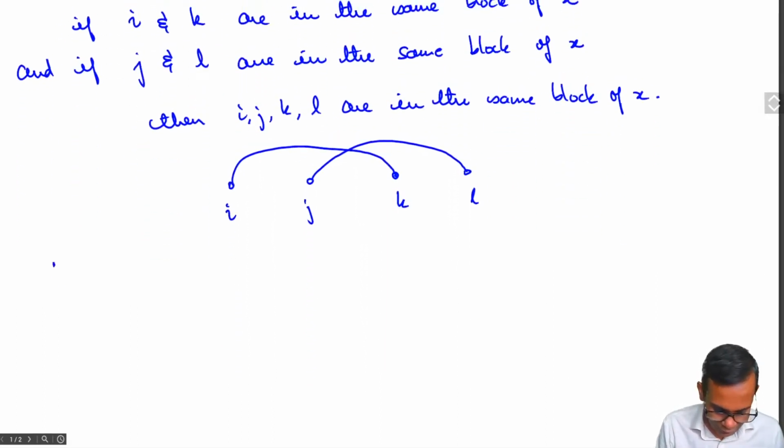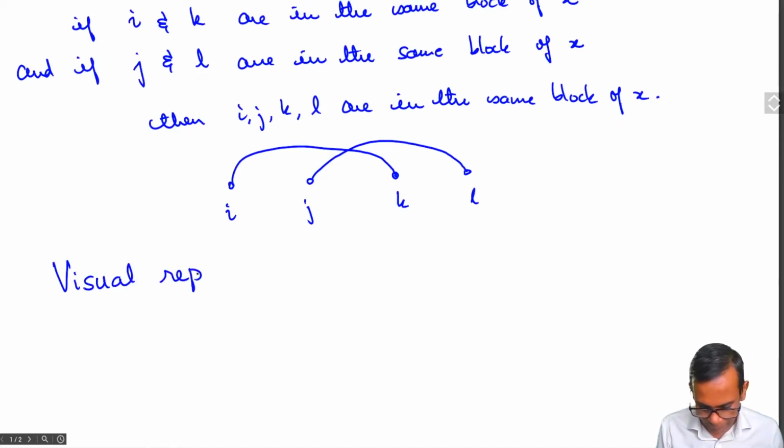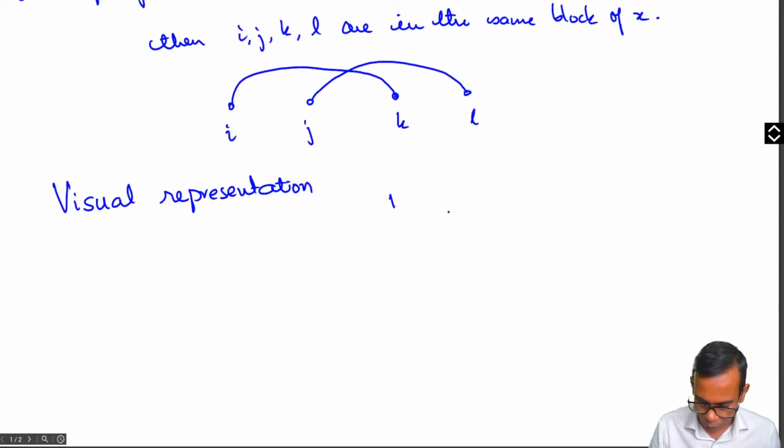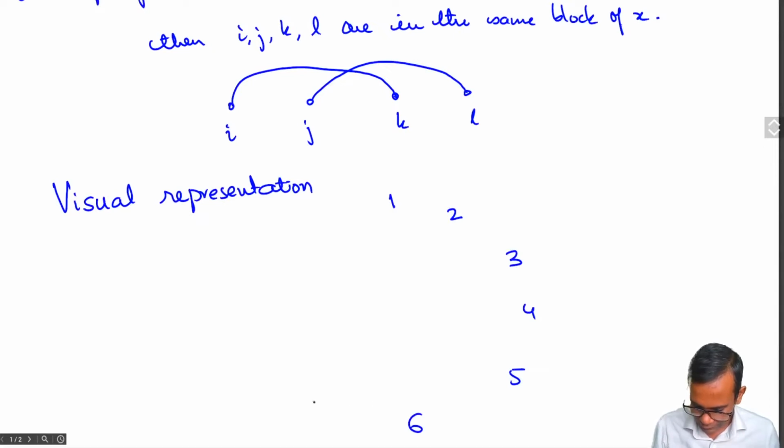But a nicer visual representation is to put the numbers 1 to n in a circle. So let me just show you with an example. Let's take 1, 2, 3, 4, 5, 6, 7, 8, 9, 10, 11. And let me just draw some blocks here.